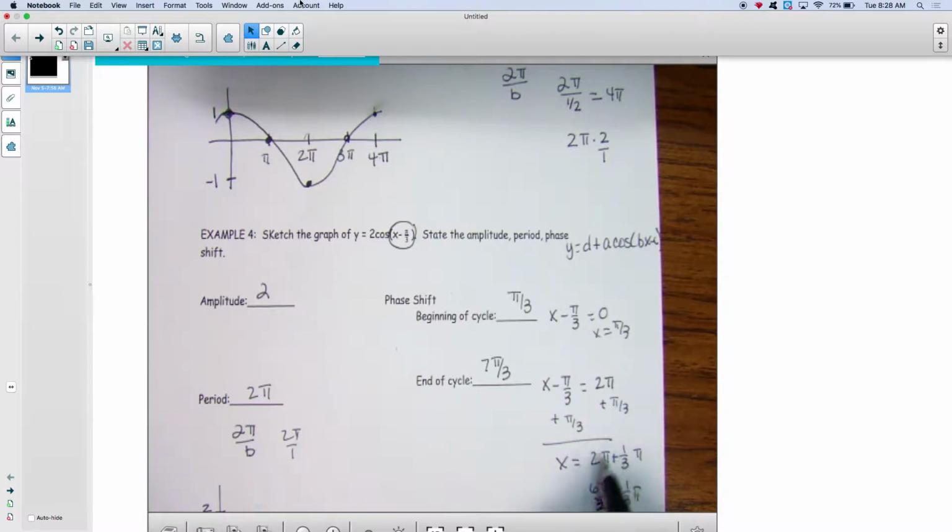I wrote 2 with a denominator of 3. 6 pi divided by 3 is still 2. I rewrote it so I had a common denominator so I can add.